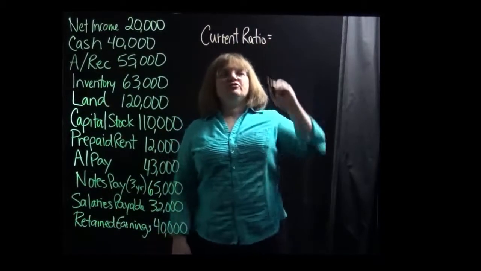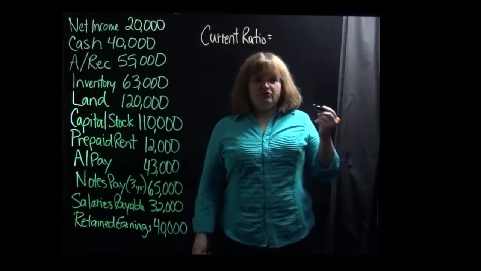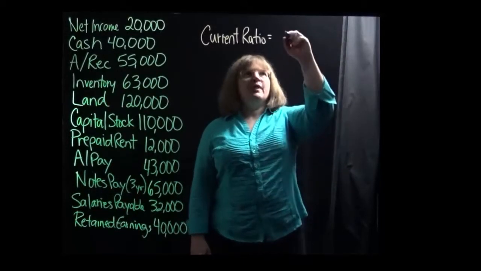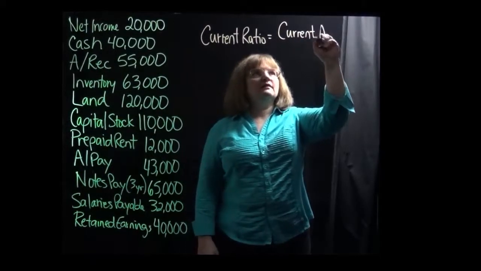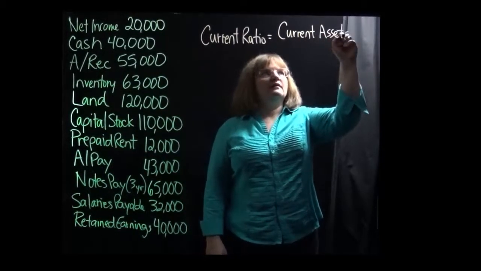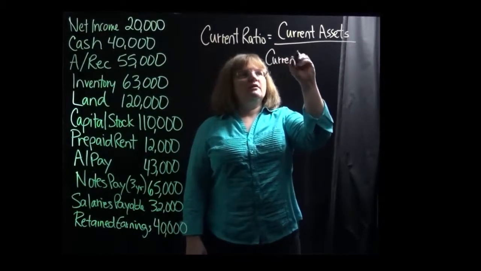And a current ratio is used to determine liquidity, how able a firm is to pay back their short-term debts as they become due. And so we take a look at their current assets in relation to their current liabilities.